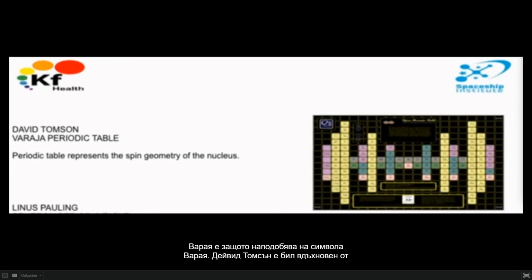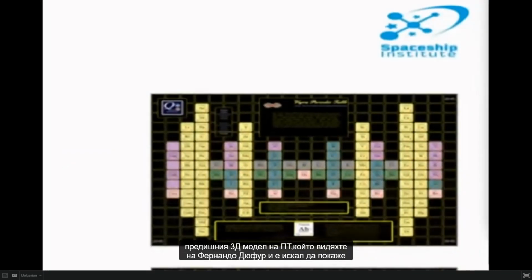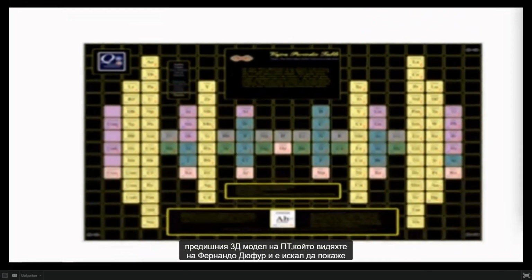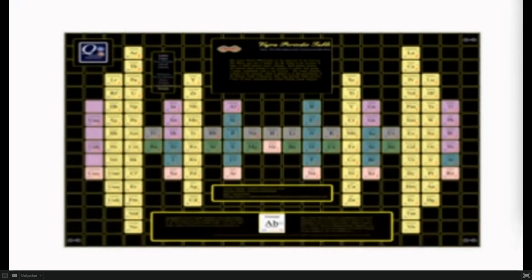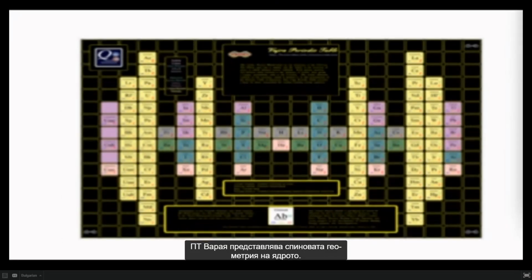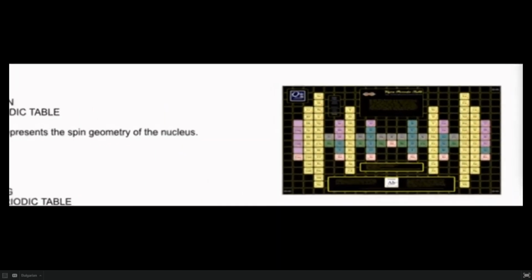David Thompson was inspired by the previous periodic table 3D model by Fernando Dufour, and he wants to show how the elementary is capable of being placed onto the model. The periodic table Varia represents the spin geometry of the nucleus.